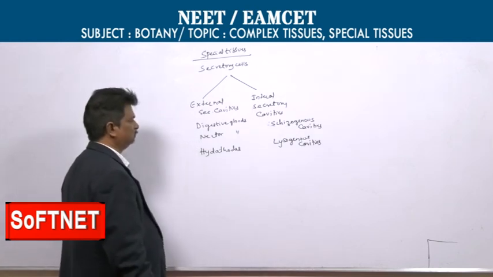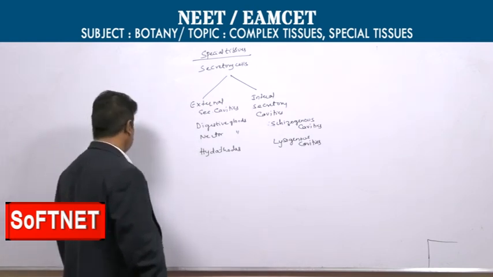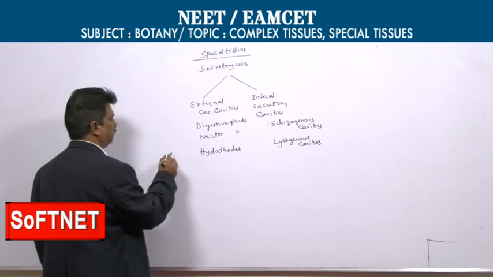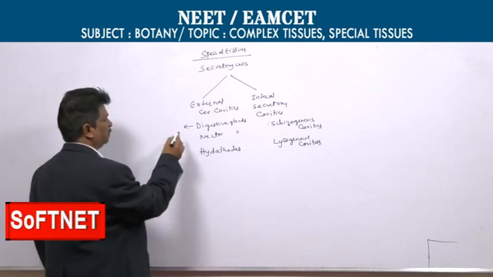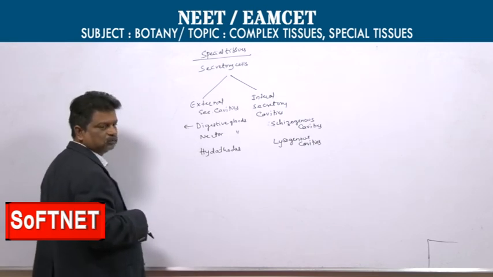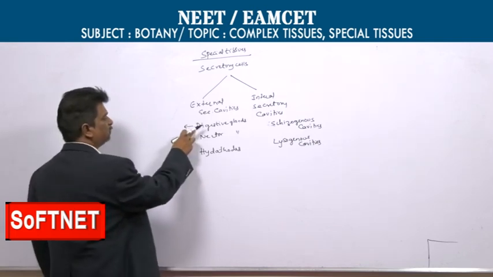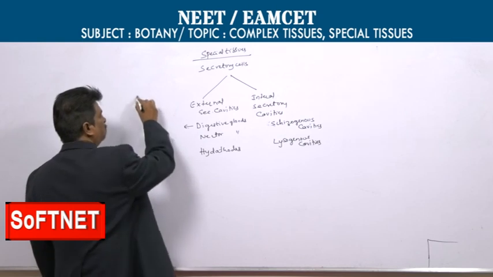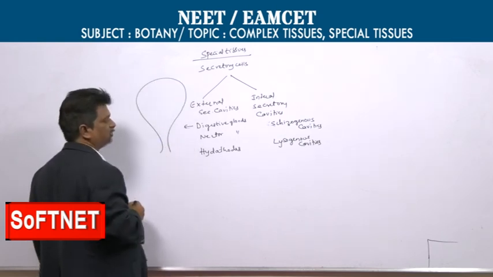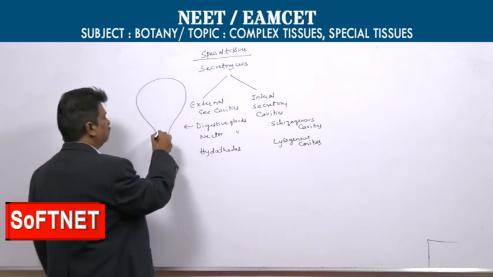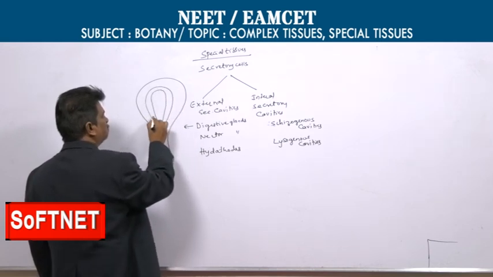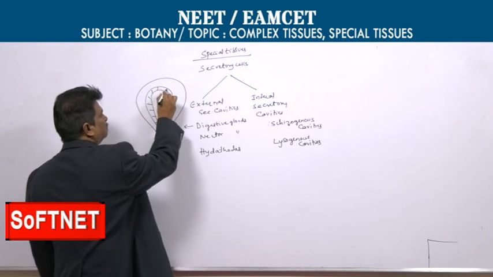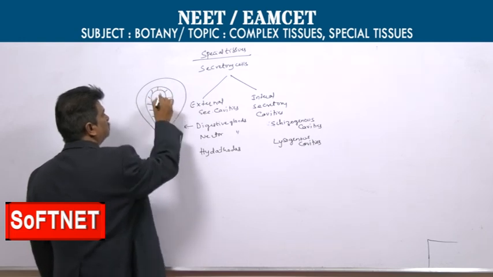So first one, digestive glands. Digestive glands are a characteristic feature of insectivorous plants or carnivorous plants. They contain digestive glands.